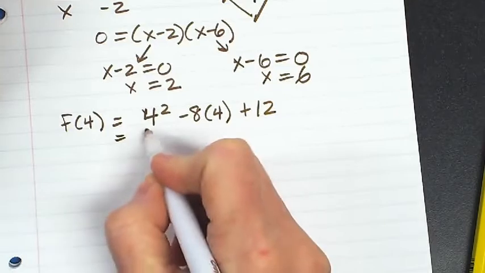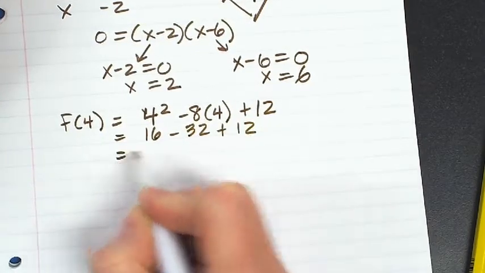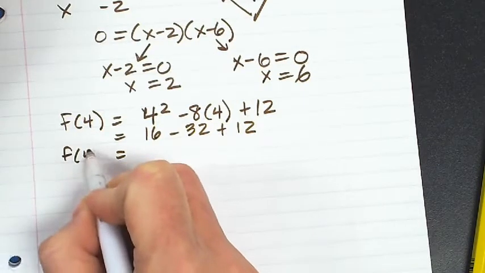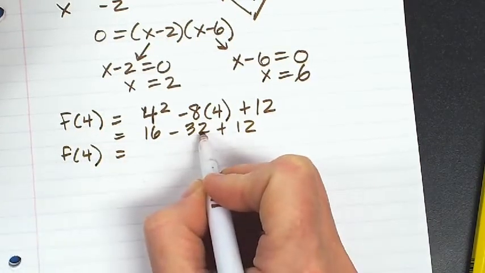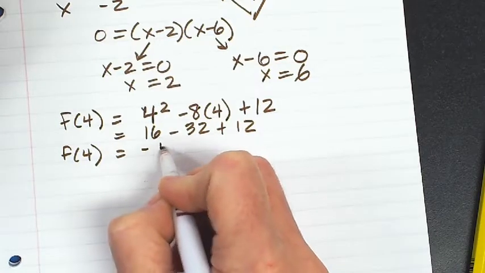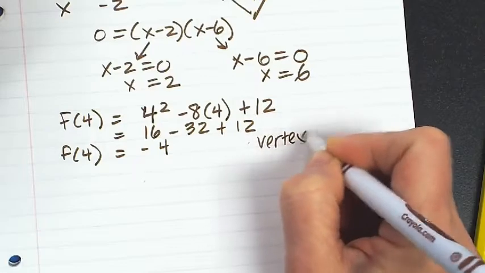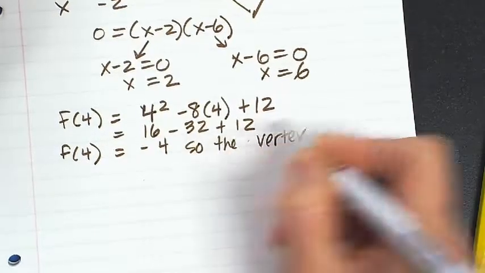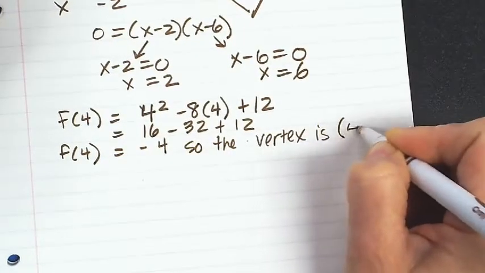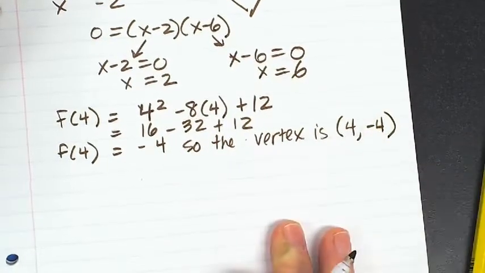That's going to give me 16 minus 32 plus 12, which is 16 minus 32 is negative 16 plus 12 is negative 4. So the vertex is positive 4, that's the x value, negative 4.